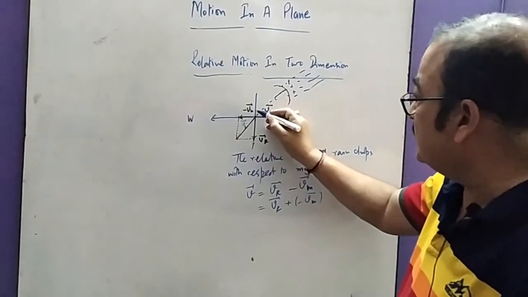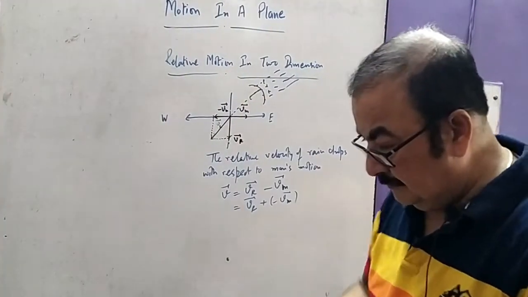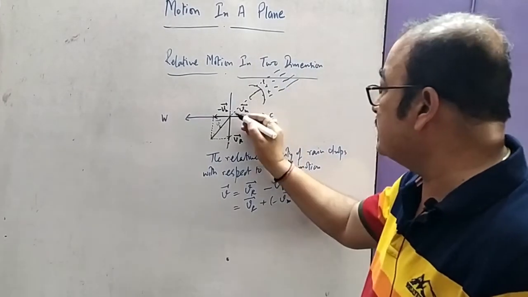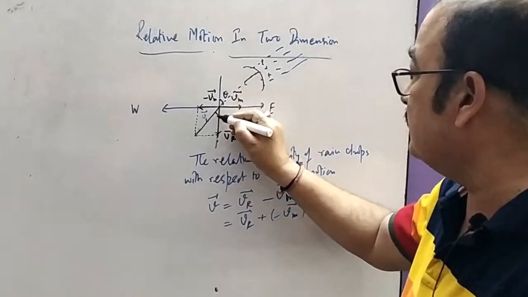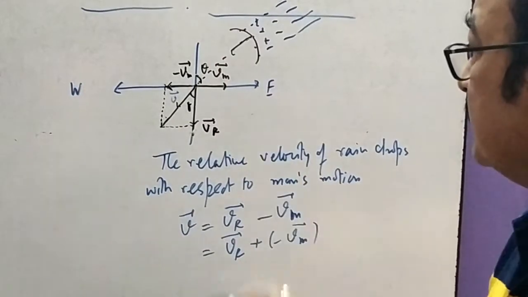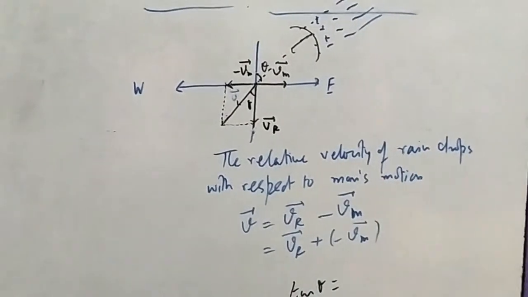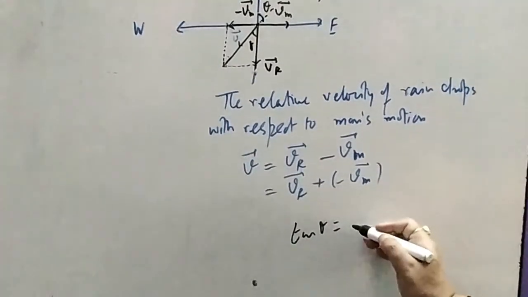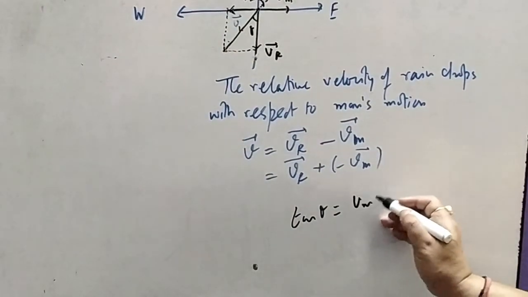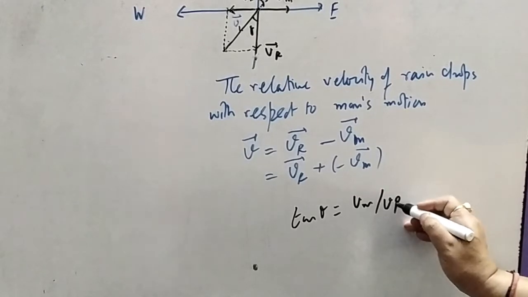If this angle is theta, then this will also be theta, and from this we can see tan theta equals Vm upon Vr.